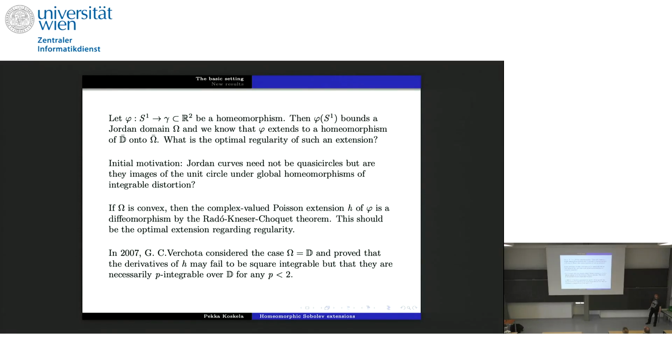But if you take a homeomorphism that has L2 derivatives, it has a modulus of continuity, and the modulus of continuity is of the type 1 over the square root of log of 1 over t. So if you can extend to W^{1,2}, then phi has a logarithmic modulus of continuity. So it cannot work for all phi. Okay, so this is what is behind the negative direction, that you cannot get L2 derivatives.